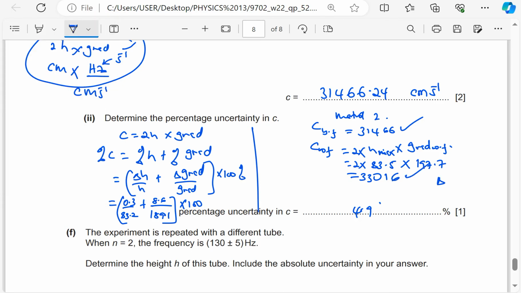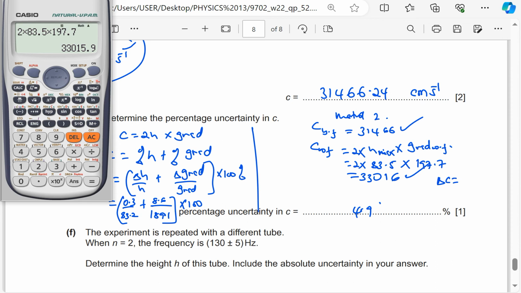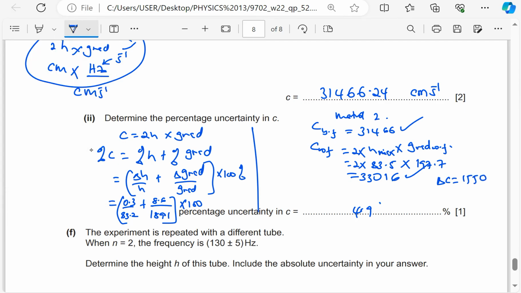Then it means the absolute in C is going to be the difference. So 33016 minus 31466. So that is 1550.